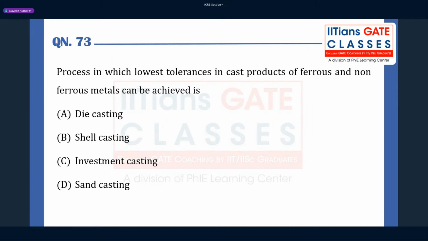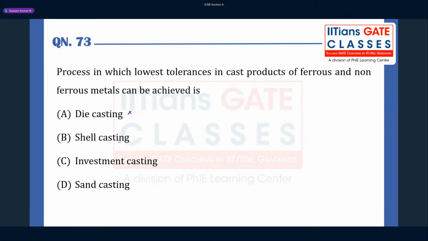In die casting, cold chamber or hot chamber, the tolerancing is very bad because of the sticking of the element to the chamber, and these are all permanent molds, as we just discussed. So obviously the precision is very bad, and we cannot achieve the lowest tolerances. Tolerances are very bad in die casting, so obviously this is not right.